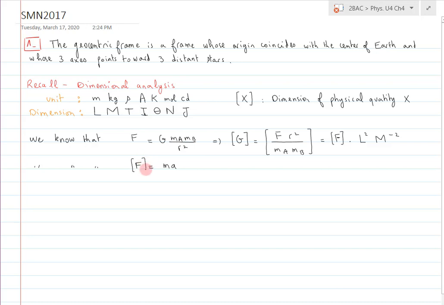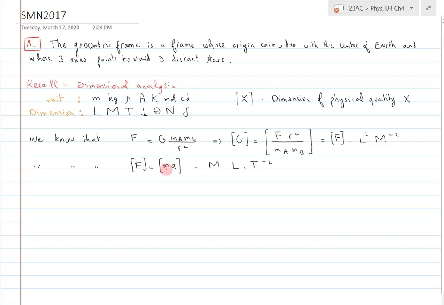So the dimension of F is equal to the dimension of ma, which is the dimension of m, big M, mass, times the dimension of a, whose unit is meter per second square, which is L T minus 2.